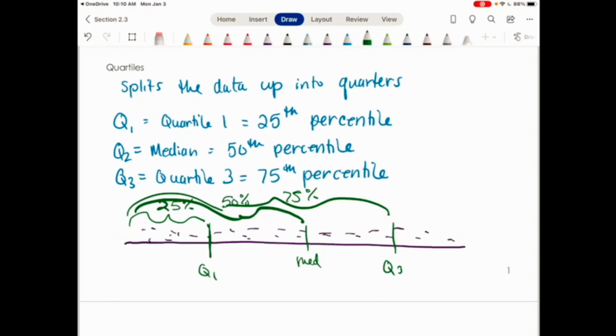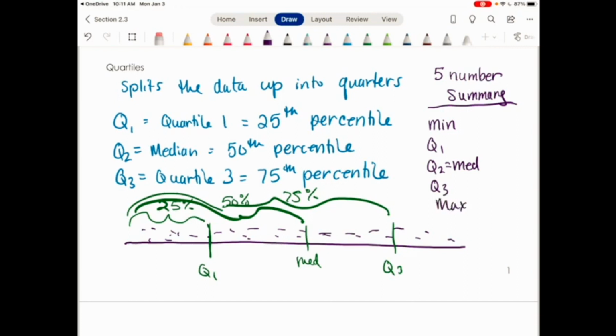Now, when I take Q1, Q2, and Q3, or you can call it Q1, the median, and Q3, and I add in the minimum value and the maximum value of that data set, that's what's called the 5-number summary. That's the minimum, then you have your Q1, your Q2 or your median, your Q3, and then your maximum value.